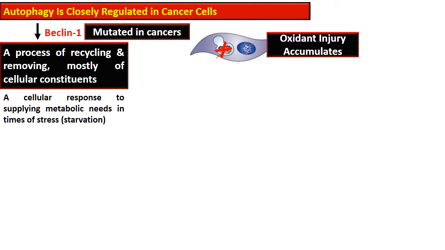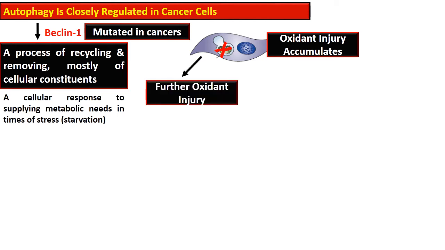That will accumulate the oxidant injury. And this accumulation of oxidant injury will start a vicious circle of further oxidant injury and accumulation and aggregation of reactive oxygen species within the cell. The P62 is central to tumorigenesis, and it is overexpressed in many of the tumors.